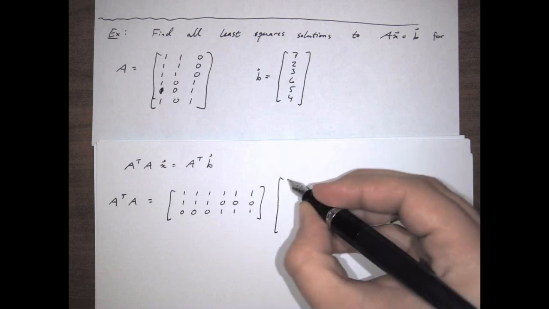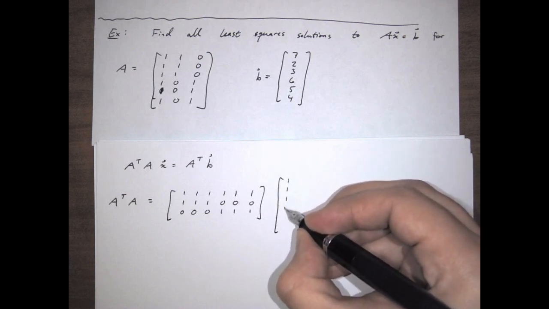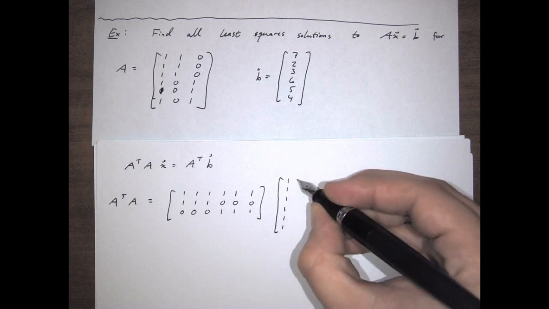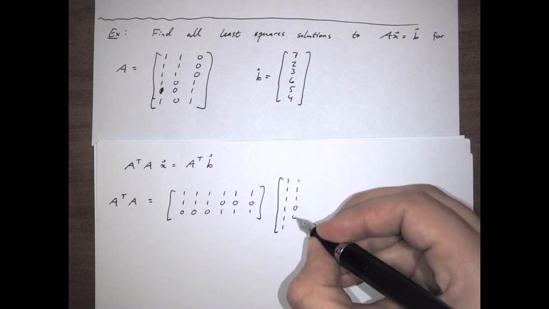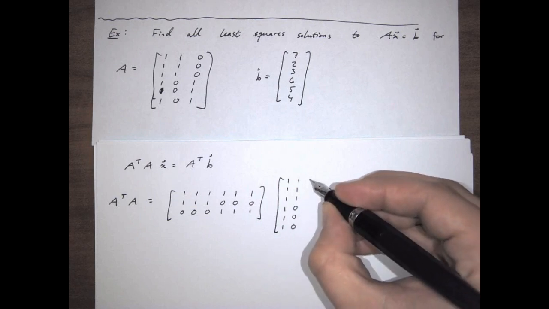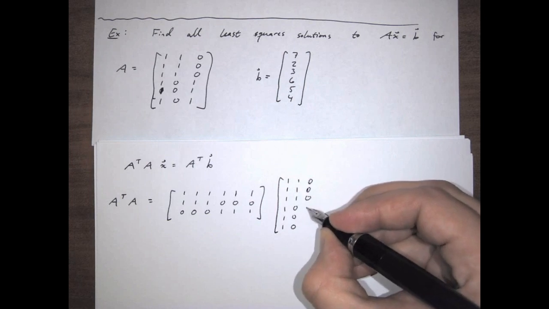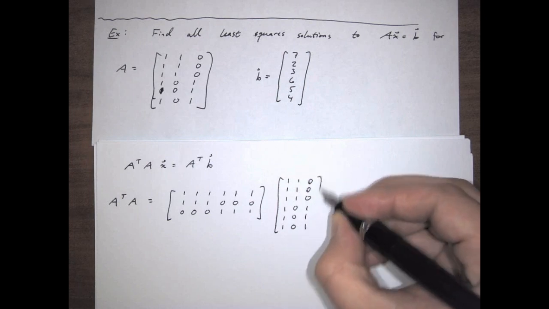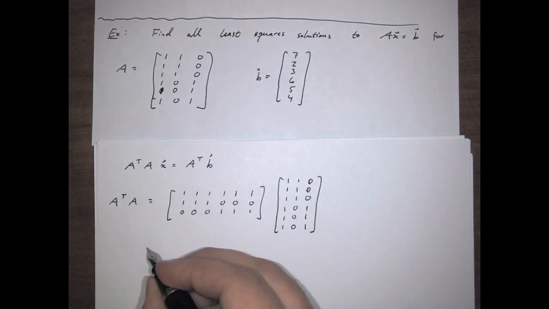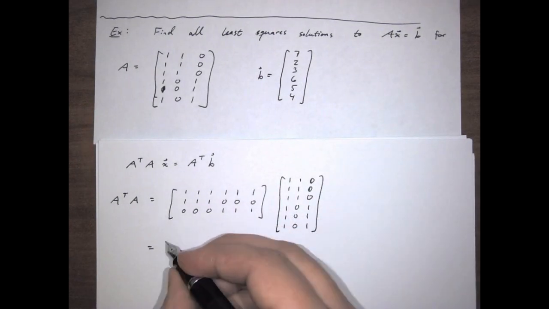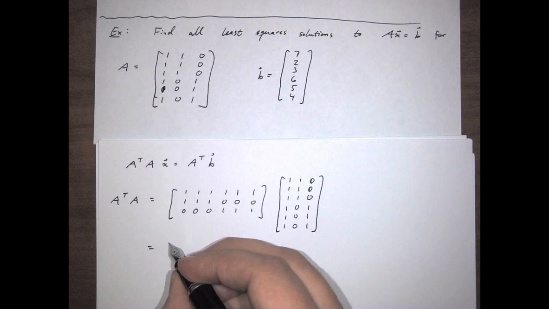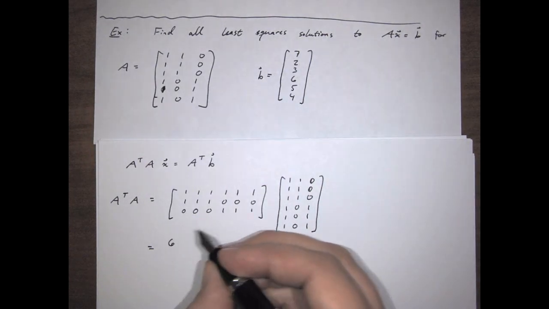In turn times 1, 2, 3, 4, 5, 6. 1, 2, 3. 1, 2, 3. Sorry, 0, 0, 0, 1, 1, 1. Alright, and then just multiplying these across, I can see it's going to be equal to 6.